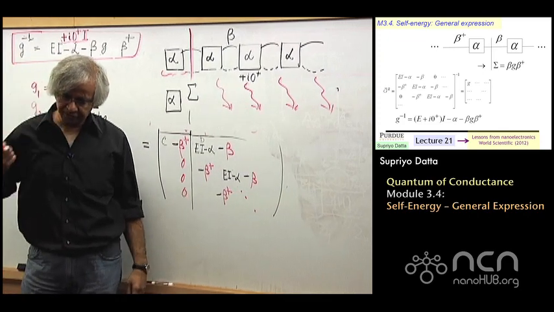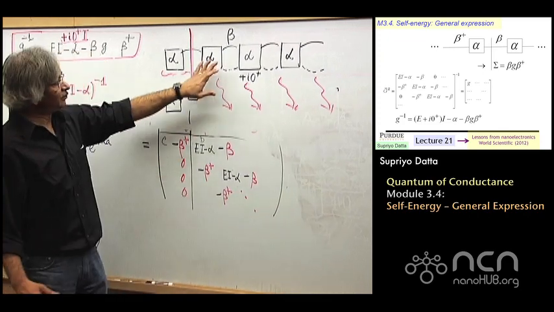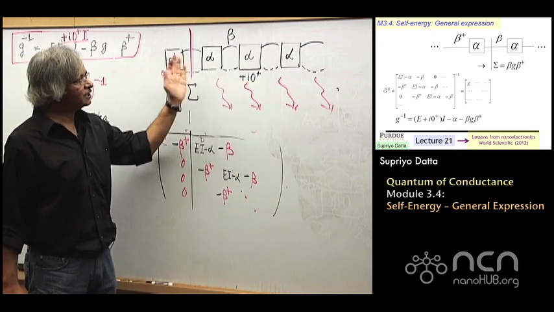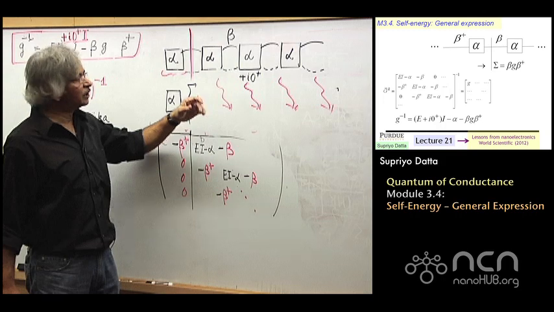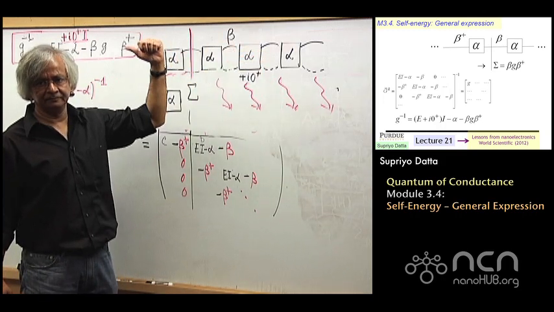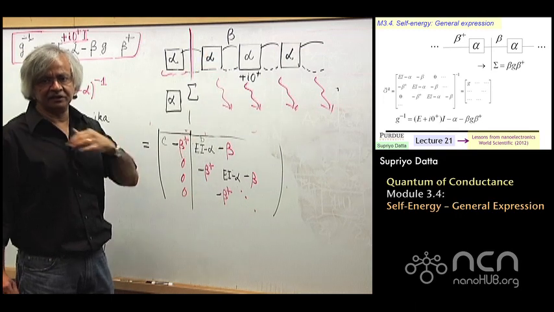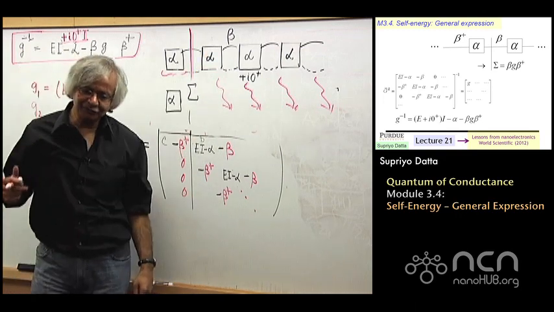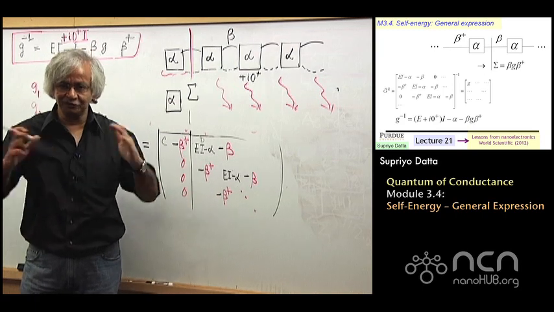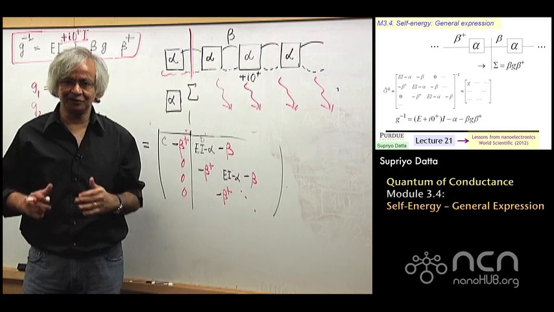It should pull the electrons out and not reflect them back into the channel. On the other hand, if you didn't have this 0 plus, then it doesn't matter how long it is. Sooner or later, the electrons would reach the end of the chain and again come back. And that wouldn't be what a contact does. And if you did that, the contacts would not perform what they really should be doing. That is introducing irreversibility into this problem.